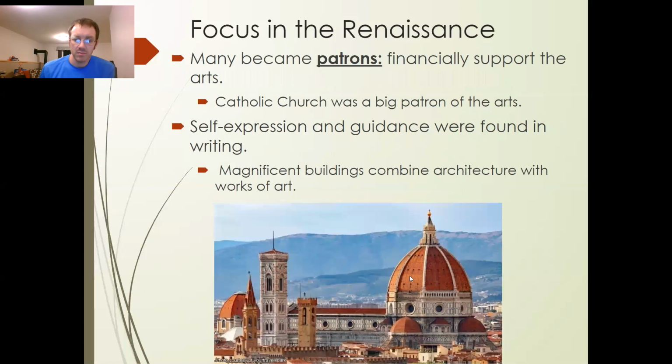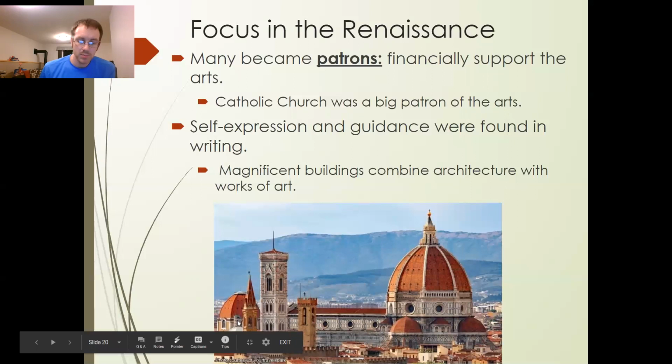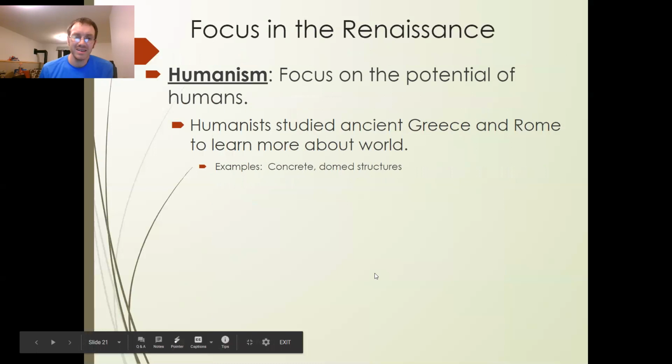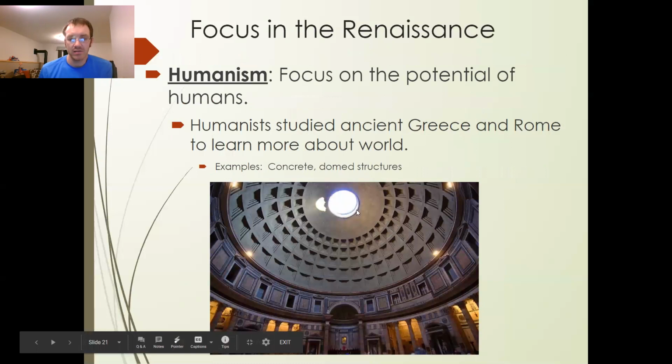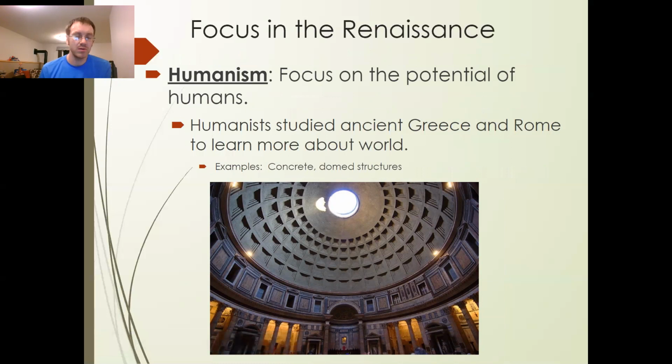When this building was made, they built the building, but nobody could figure out how to make the dome until the Medicis hired a man named Brunelleschi. What he did was he went back to Rome and he looked at this concrete dome in the Pantheon, and he figured out how to make it, which is really cool. And so humanism is all about, what is our potential as humans? What can we learn from the past, and what can we learn now?